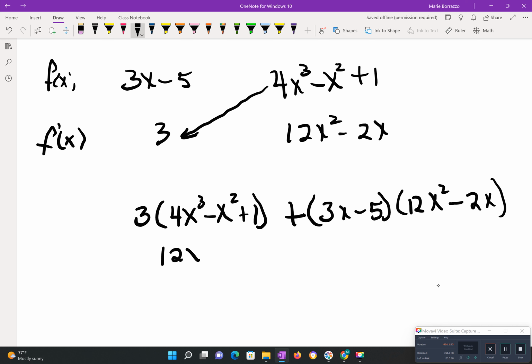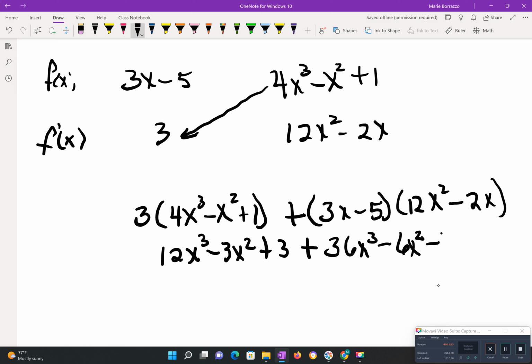This gives us 12x cubed minus 3x squared plus 3 plus, this is going to give us 36x to the third power minus 6x to the second power minus 60x to the second power plus 10x.